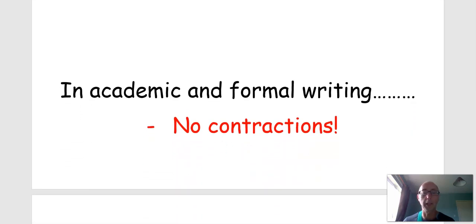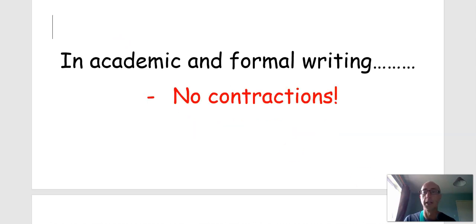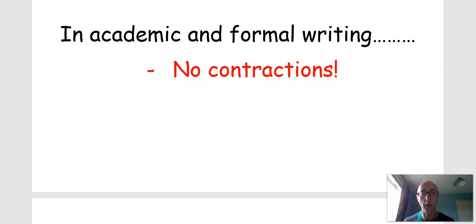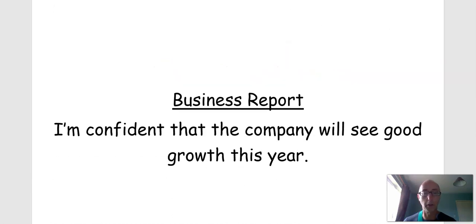The important thing here is, in academic or formal writing, no contractions. Do not use contractions when you're writing an essay. Generally, we don't use contractions when we're writing a piece of work for a course, a piece of coursework.